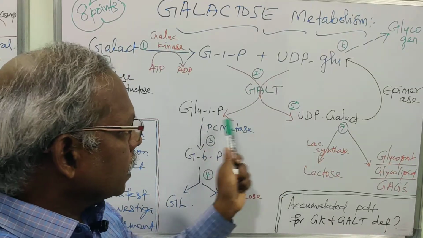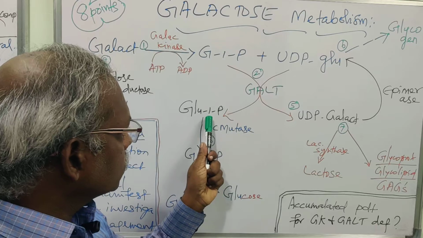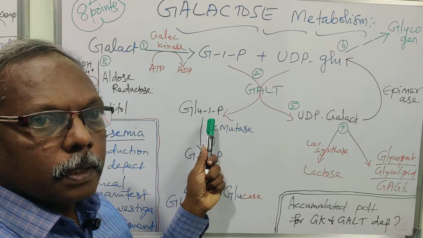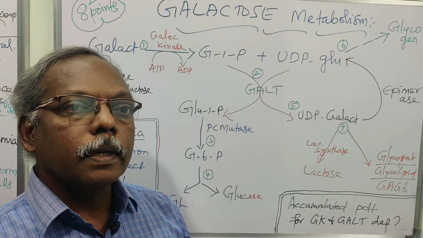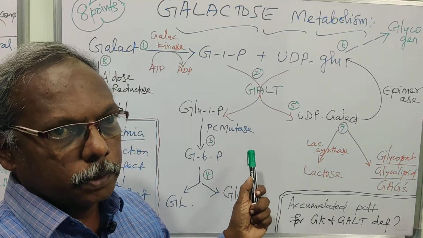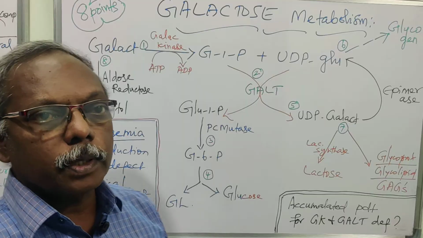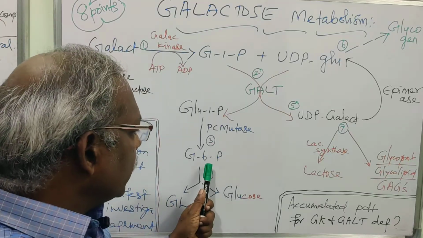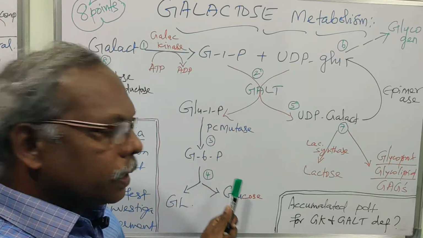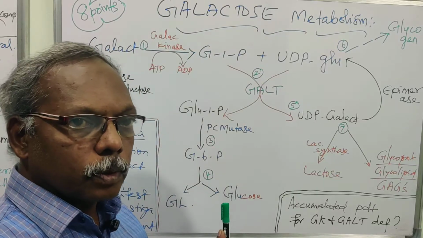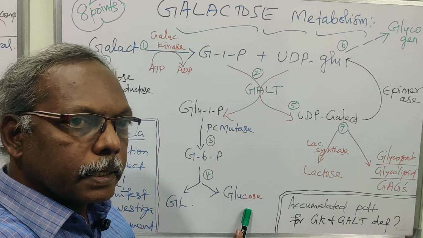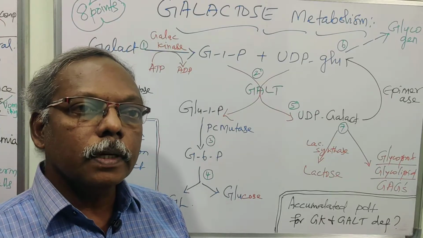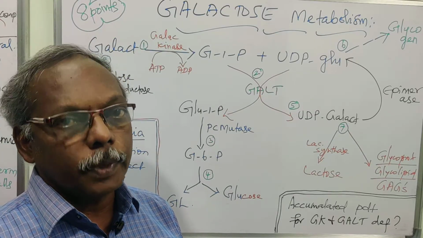Third, now we have two products in our hand. This one is glucose 1-phosphate. This will be converted into glucose 6-phosphate by phosphoglucomutase. Mutase means 1-phosphate to 6-phosphate. Finally, this glucose 6-phosphate, depending upon the concentration of the glucose, will either be converted into glucose directly or sometimes go to the glycolytic pathway.